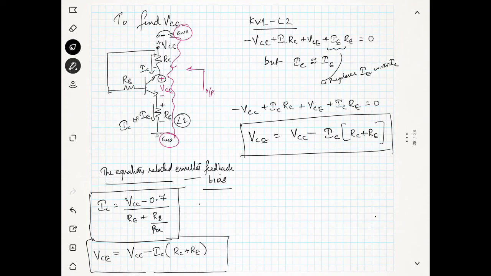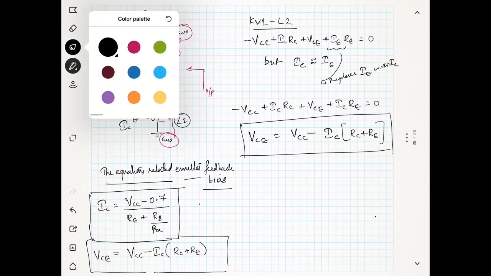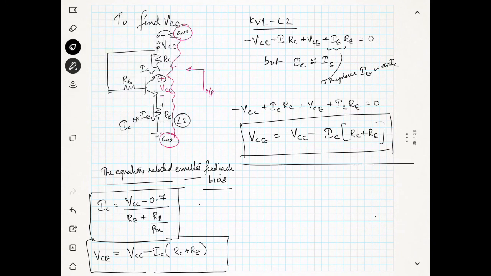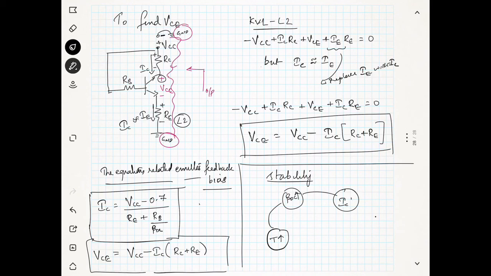Now we will talk about the stability of the emitter bias. You know that whenever the temperature increases, beta DC also increases. When beta DC increases, the value of the current IC increases, because IC is equal to beta times IB.